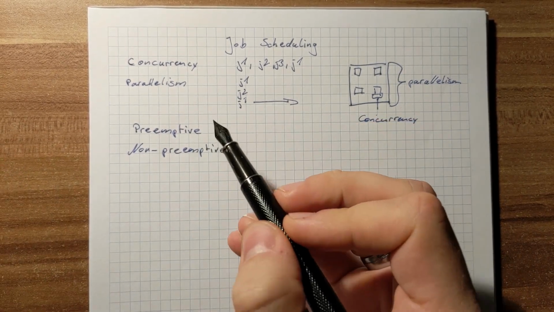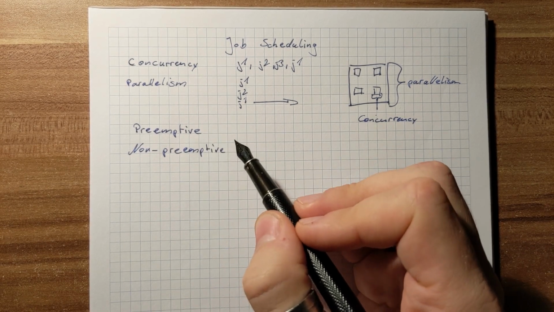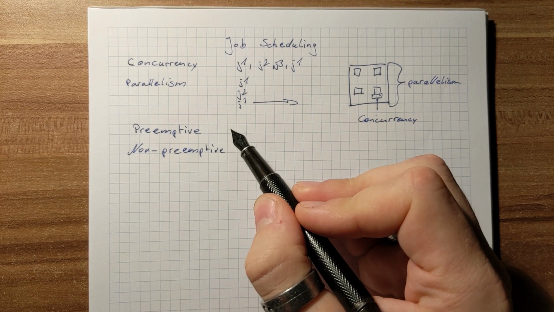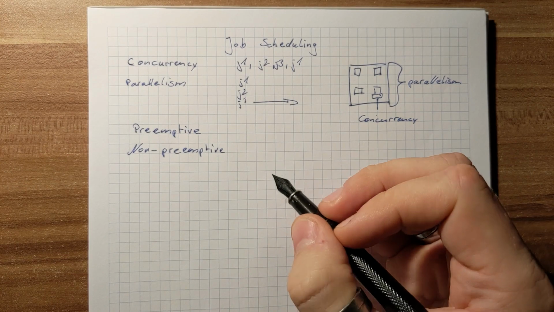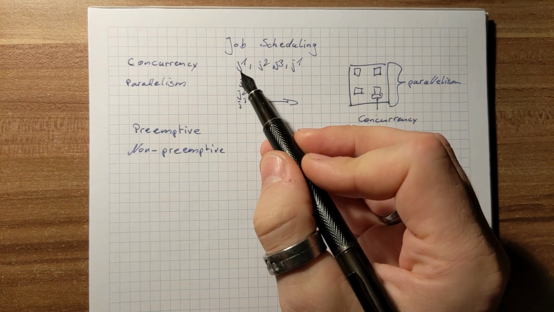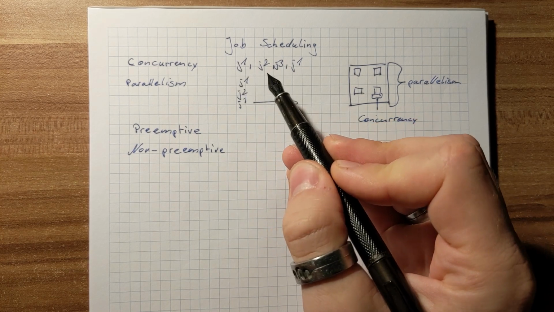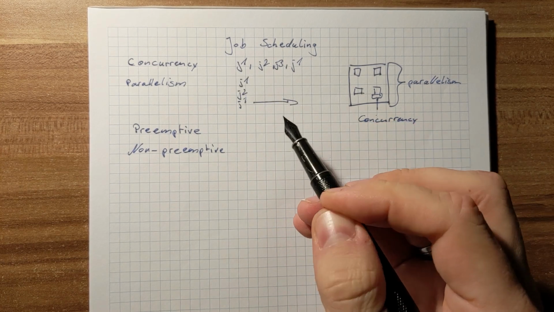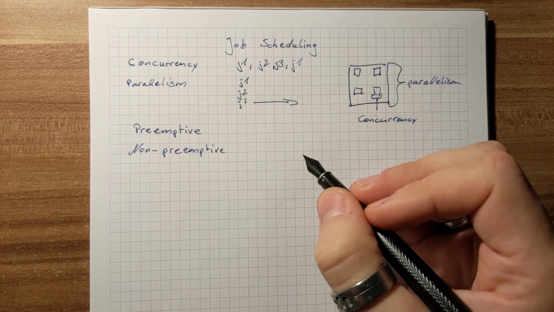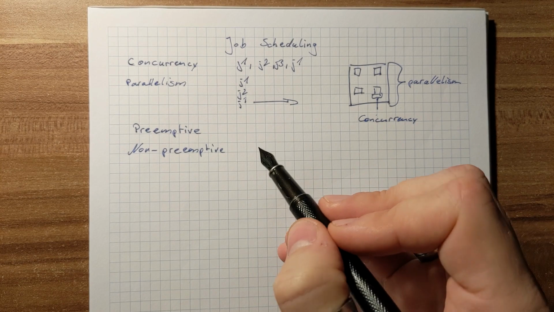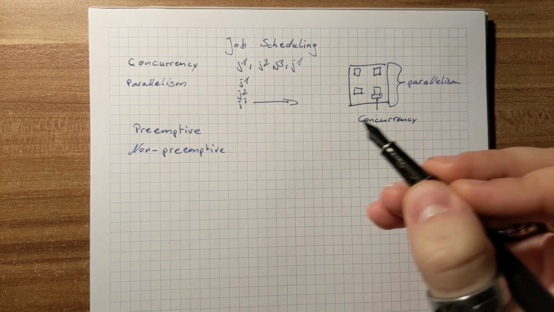Okay, probably for those who grew up with English, it's easier to understand, but for everybody whose first language is not English, like myself, what preemptive means in this context is that even though a job is not finished yet, it can be halted and another job is activated, runs for a certain time, and then this one can also be halted before it is finished. So that it is more fair for other jobs because no job has to wait too long.